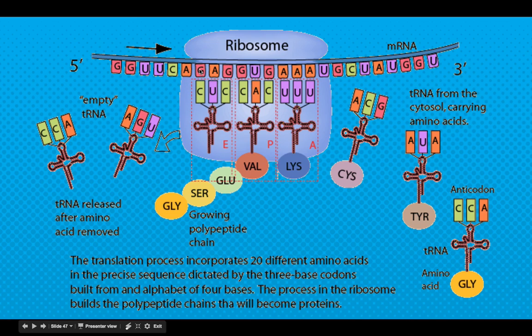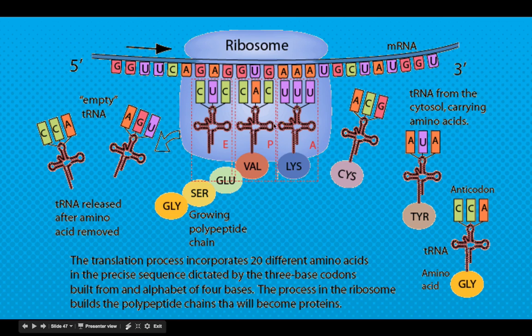So this codon on mRNA matches up to the anticodon on the tRNA, and that tRNA is carrying a very specific amino acid. There are 20 total amino acids, and the sequence of these bases determines what amino acid they carry.